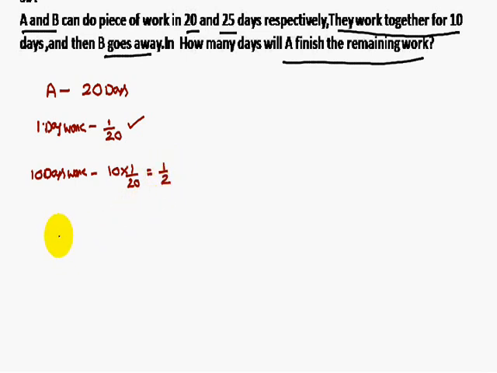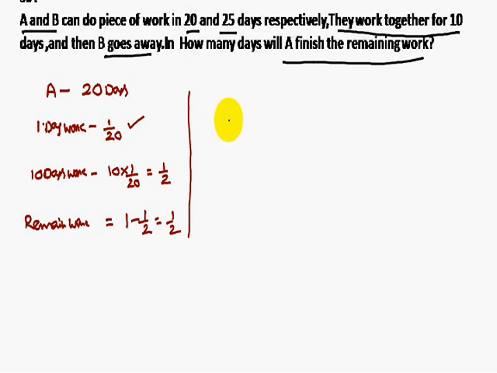Then what does the remaining work mean? Remaining work means total work, let us consider 1, minus half. That is nothing but half work will remain. You have to use this application for this problem. So how to solve this problem?